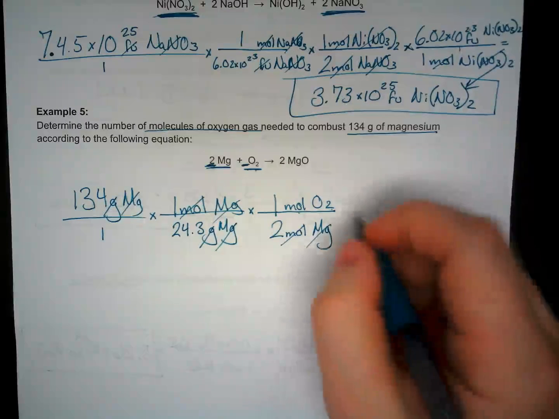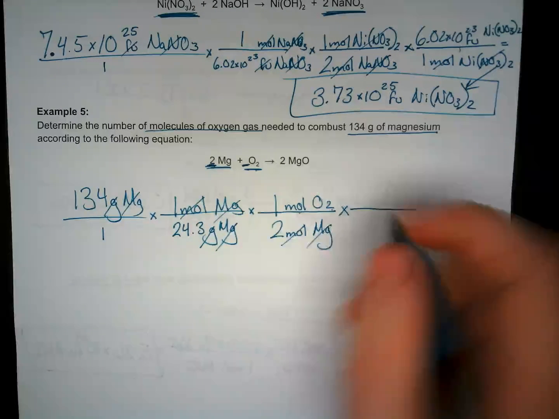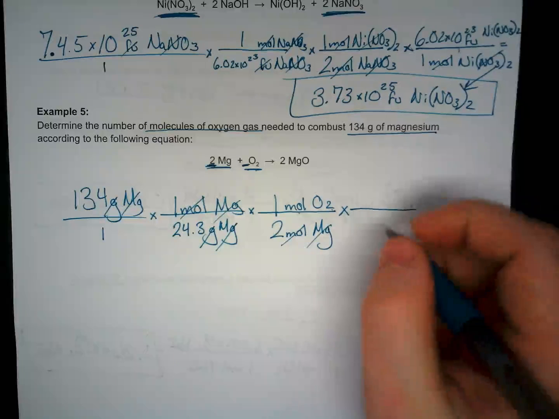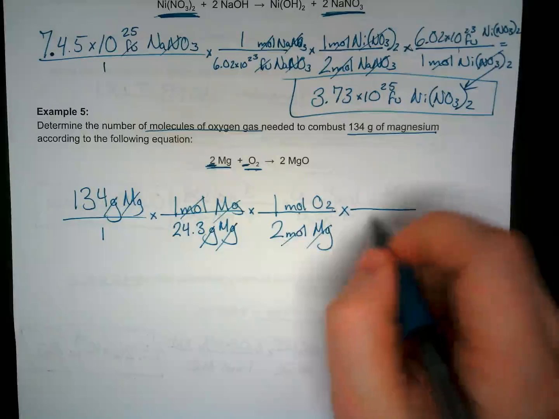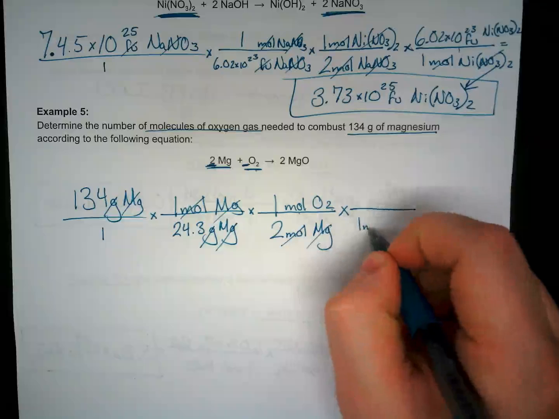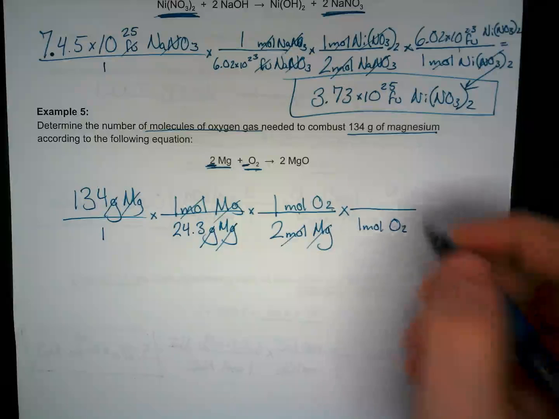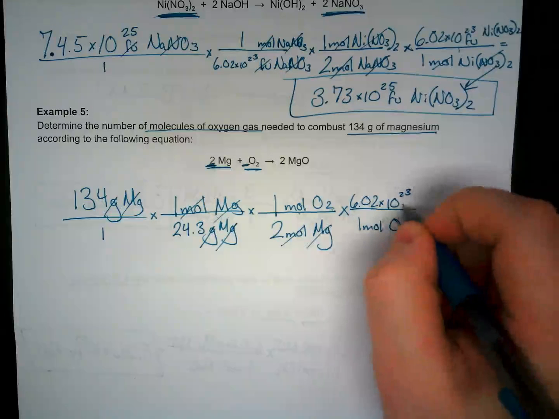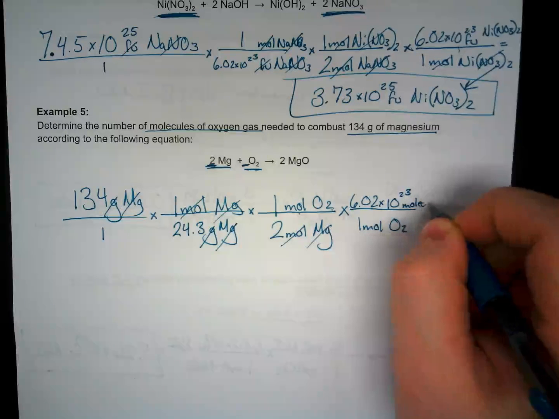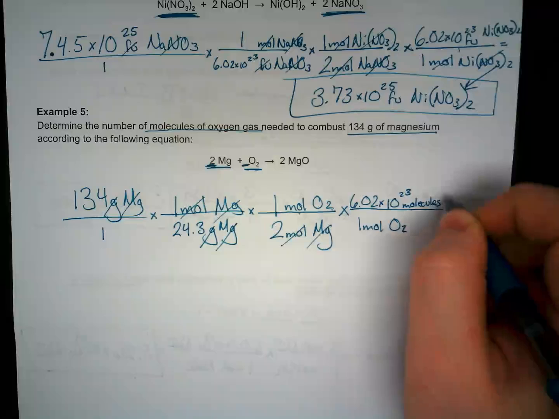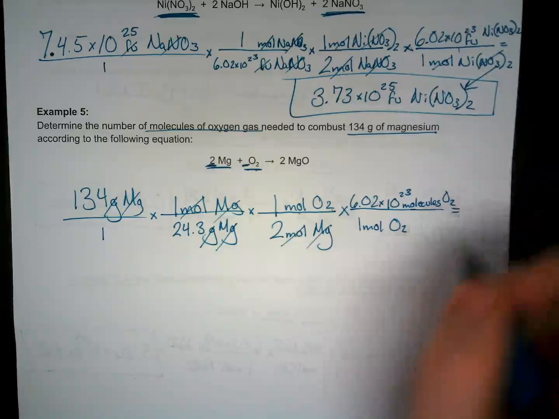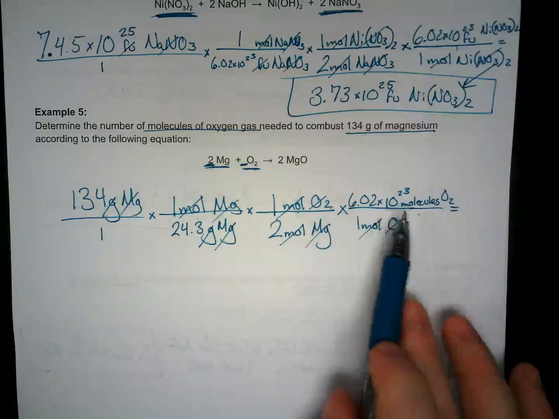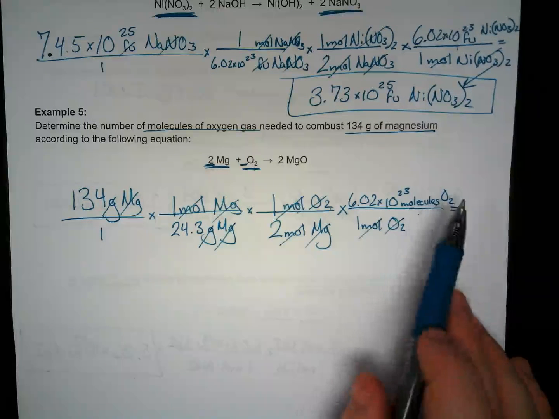I still have to go a step further because now I've got to go from moles of O2 into particles of O2, specifically molecules of O2. Okay, so then it would look like this. I'm going to put 1 mole of O2 because I've got to get rid of moles of O2 and replace it with molecules of O2. And in order to do that, I have to use Avogadro's number. So this cancels out because of this, that cancels out because of that, and I'd be left with molecules of O2.